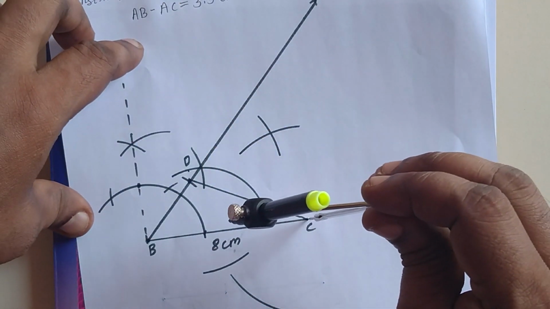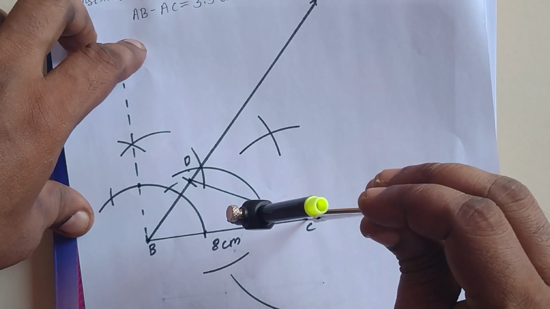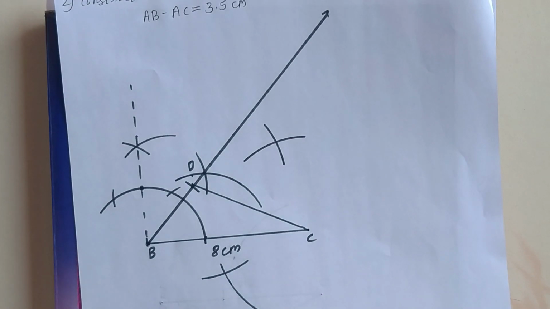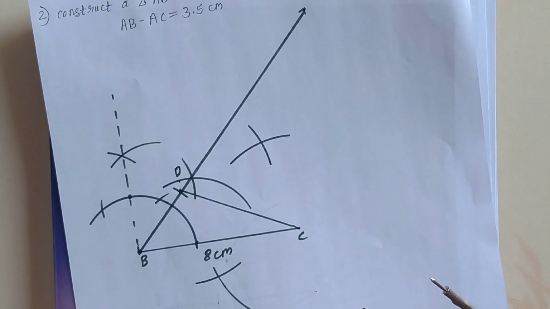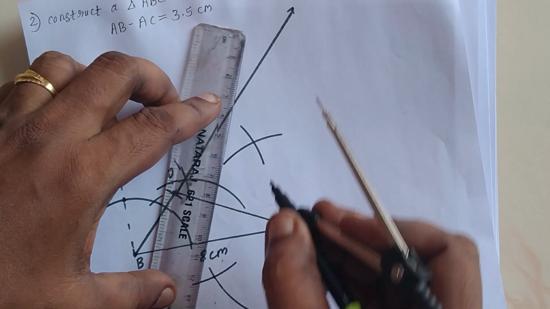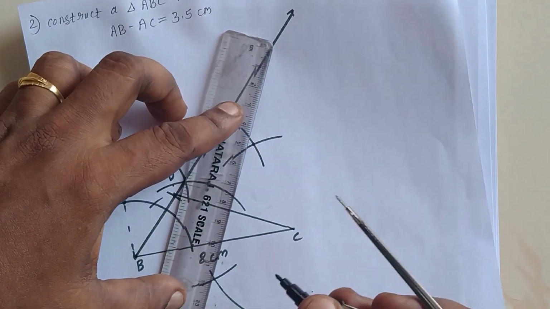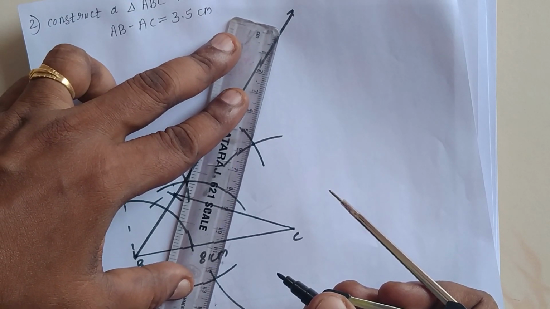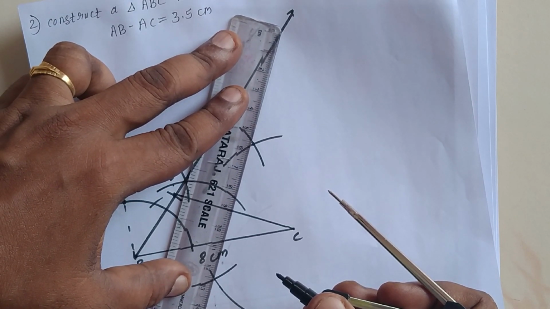You have to extend this. Okay. Now intersect this. This is the one point. Intersect them and extend it so that it should intersect that line.